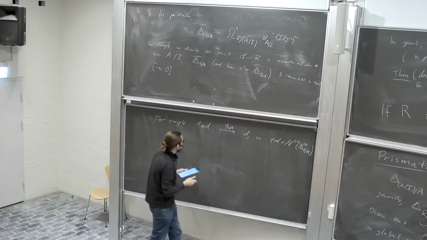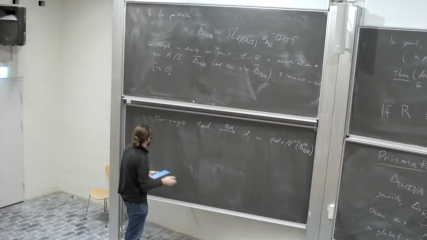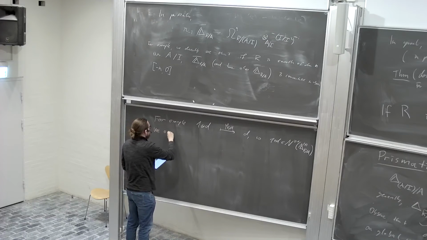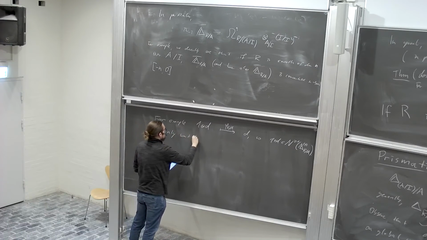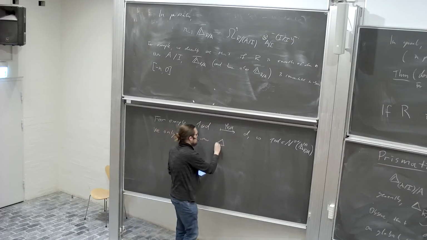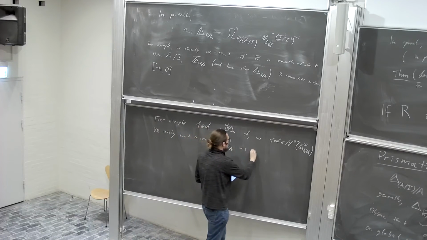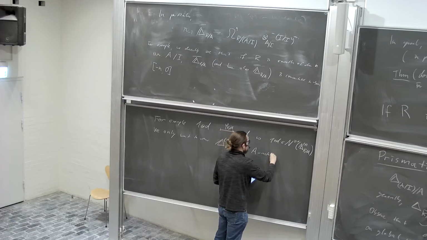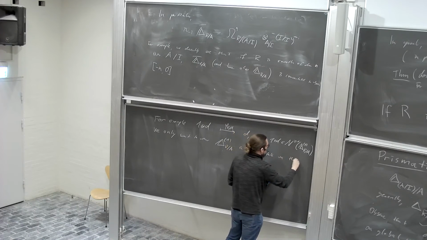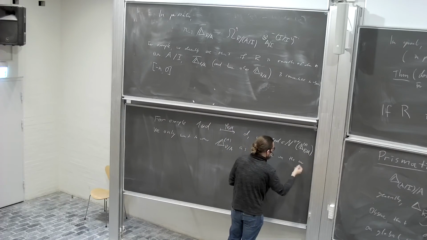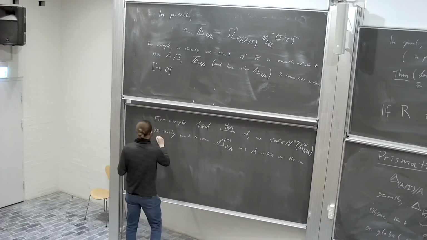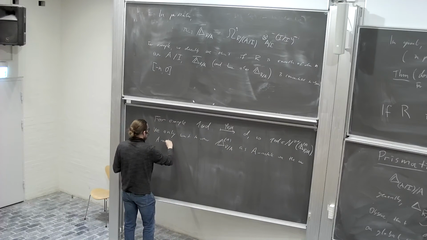And in general, we only want to view this Frobenius twist as an A module via the new A module structure.